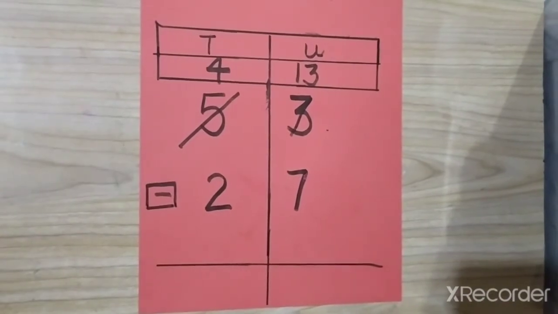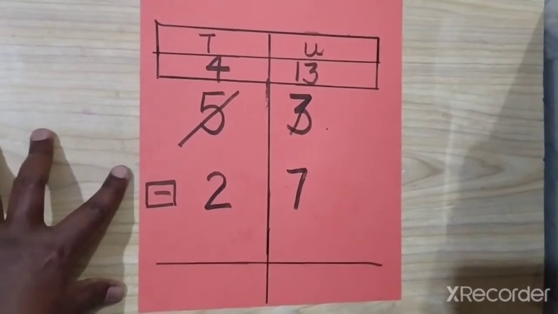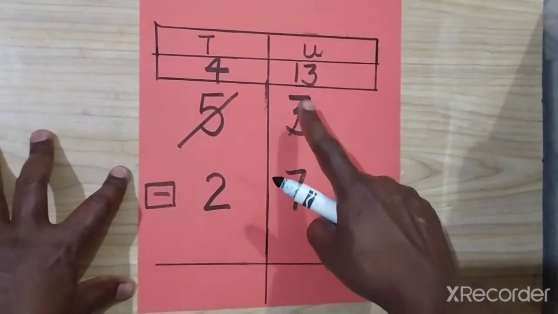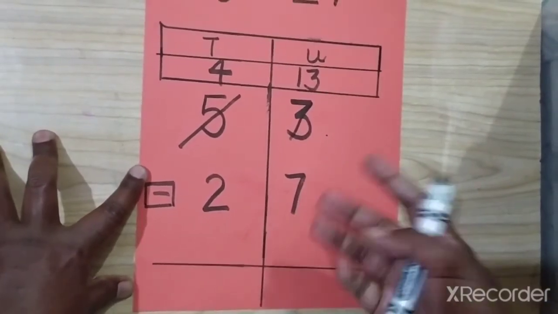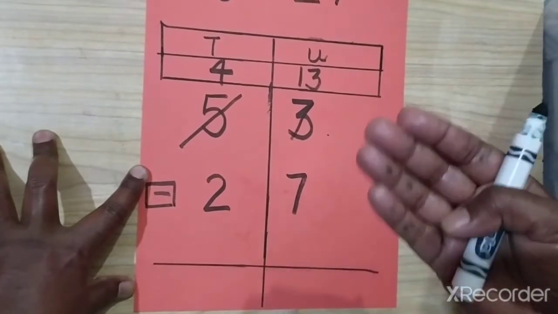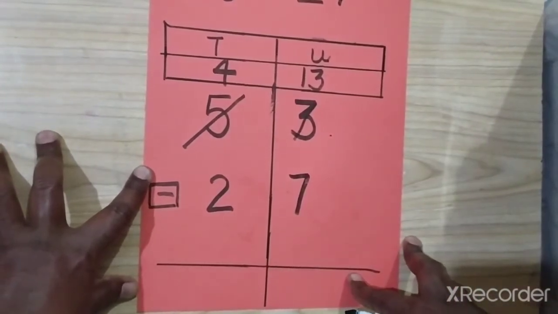Now we count on our fingers. Let's change it a little bit and count on our fingers. What we can do is, from 13 we can count up to 7 on your fingers, but count backwards. Okay, that is one way of doing it.